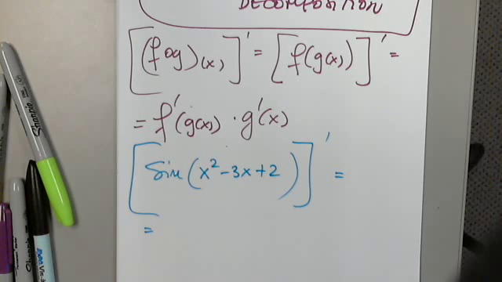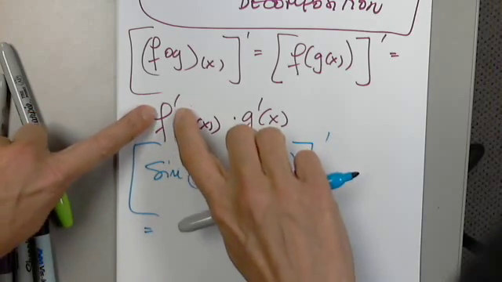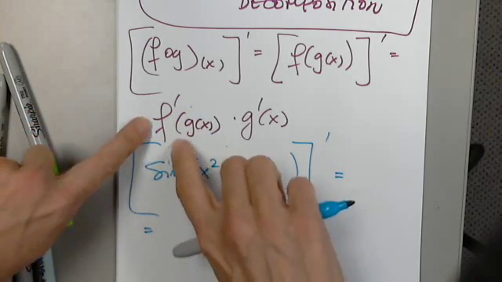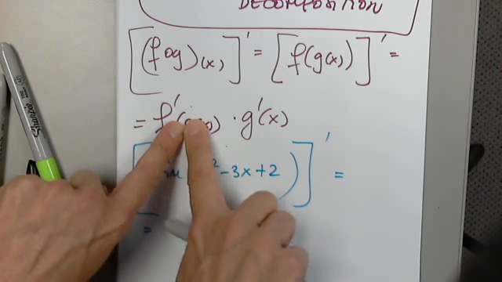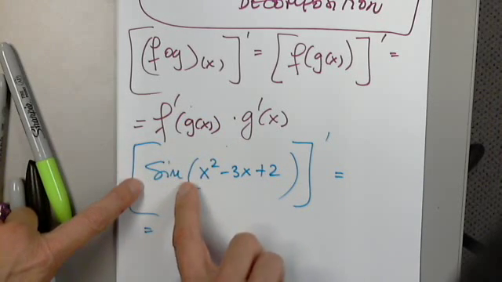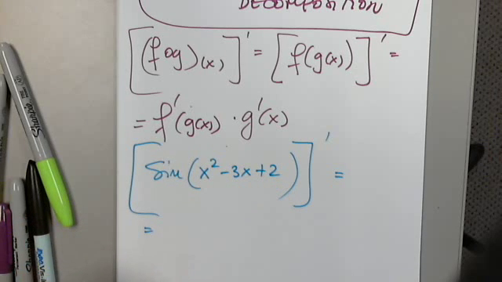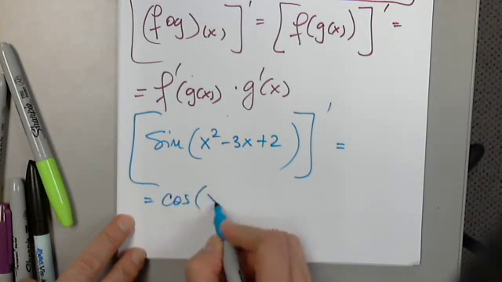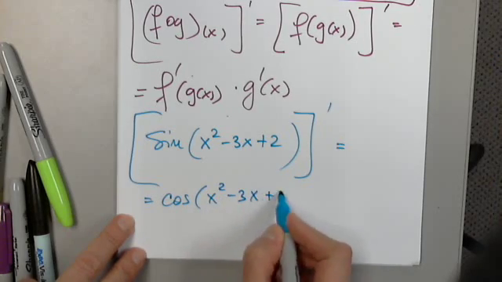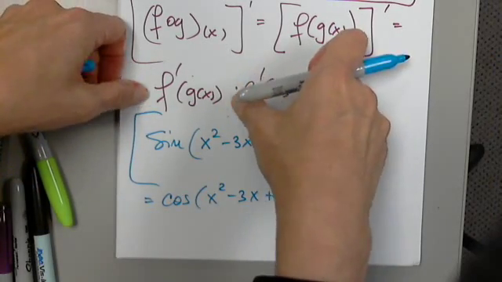Or whatever, the quadratic function. So when I differentiate, first I have to differentiate the outer of the argument. But that doesn't change. So when I differentiate sine of this prime, I get cosine of x squared minus 3x plus 2. And this is this piece.